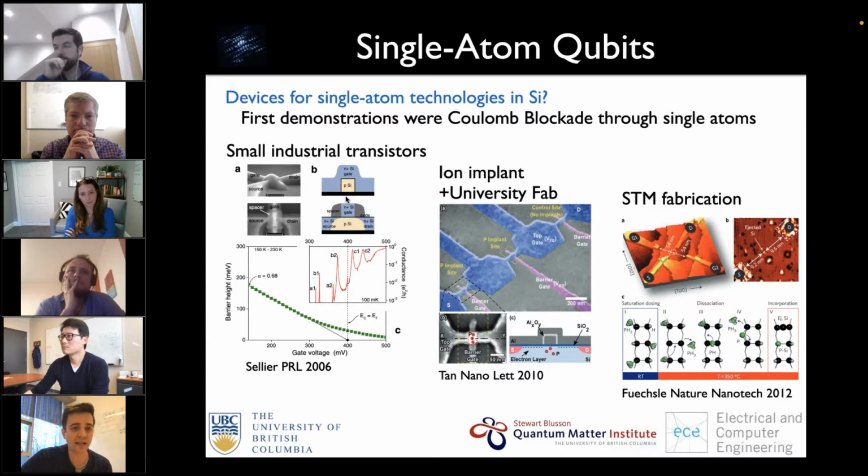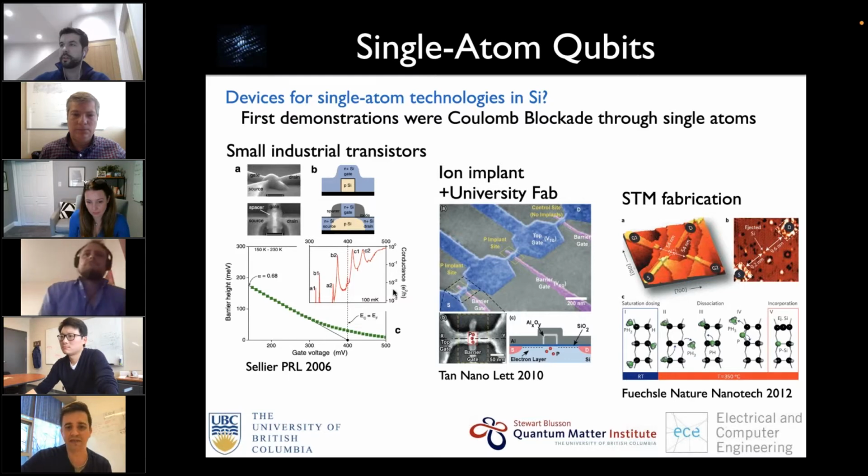So in 2006, Coulomb blockade through single atoms was demonstrated, actually first in a very small industrial transistor, because at the time it was realized that as these devices get smaller and smaller, the graininess or discreteness of atoms would start to manifest itself. This was accomplished using transistors from a foundry, IMEC in Belgium, at TU Delft by Sven Rogge.